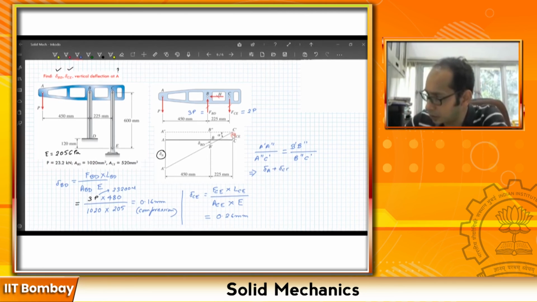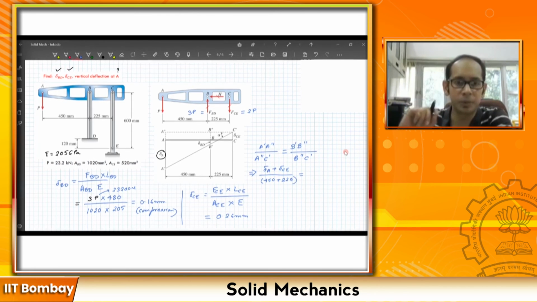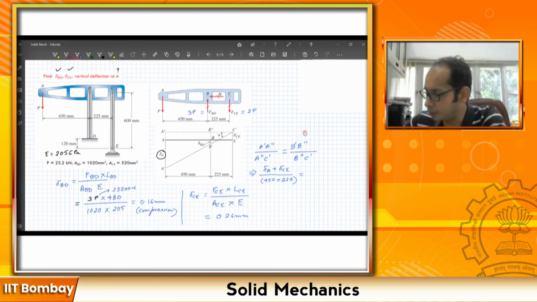So delta A plus delta CE, divided by this entire length A double prime, C prime, which is 450 plus 225, must be equal to B prime, B double prime. If you take a look at B prime, B double prime, that is delta BD plus delta CE, divided by this length 225.